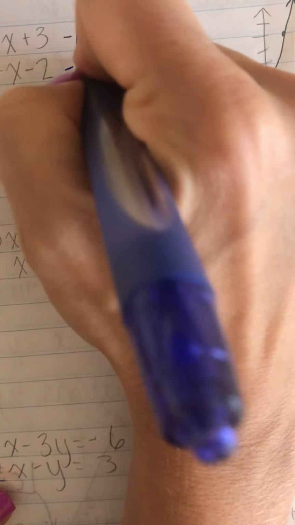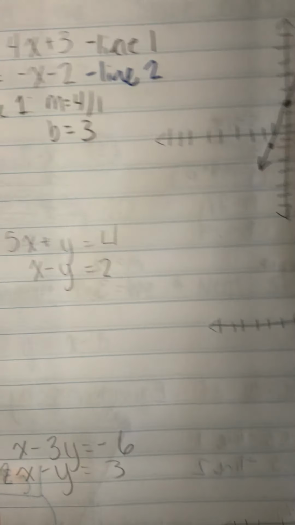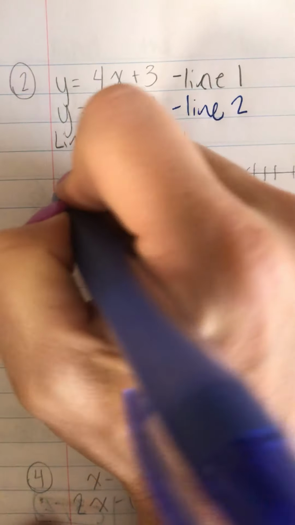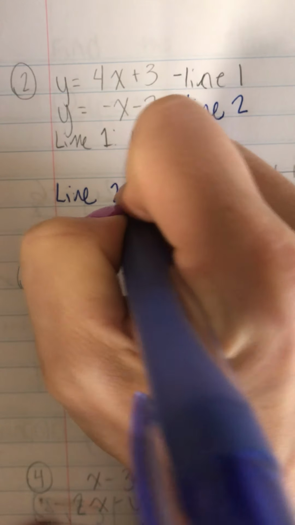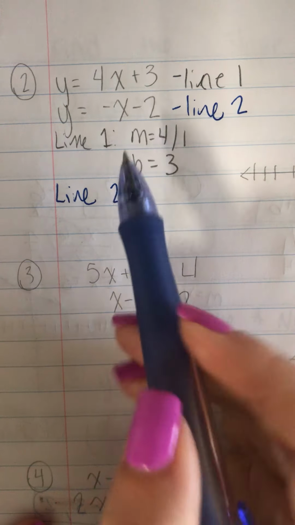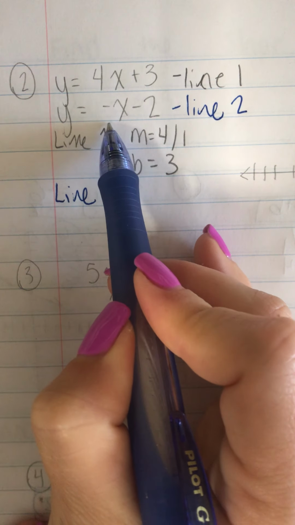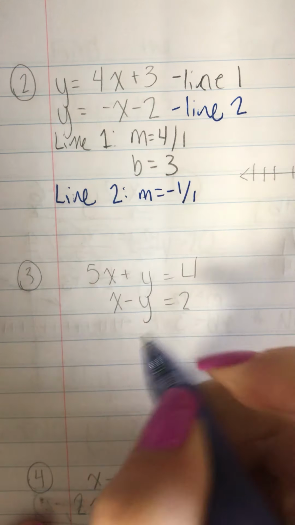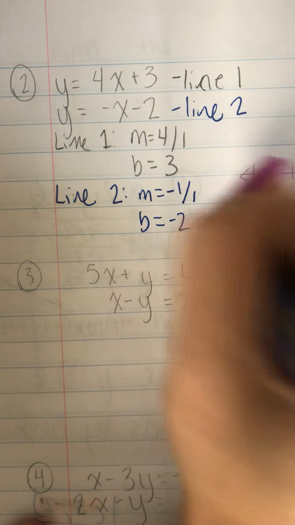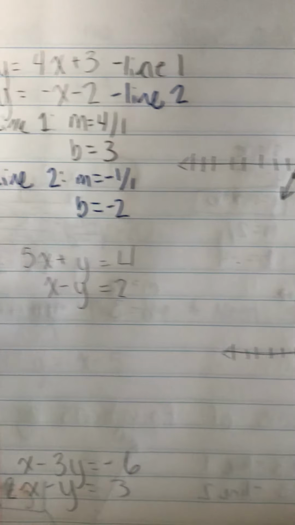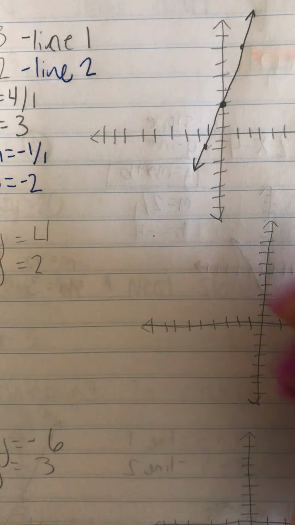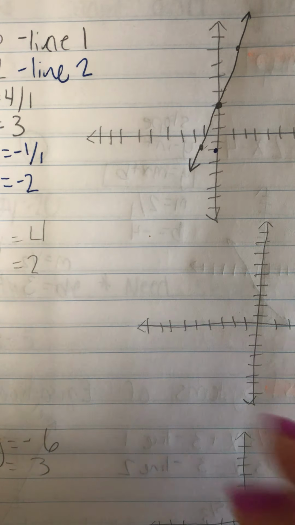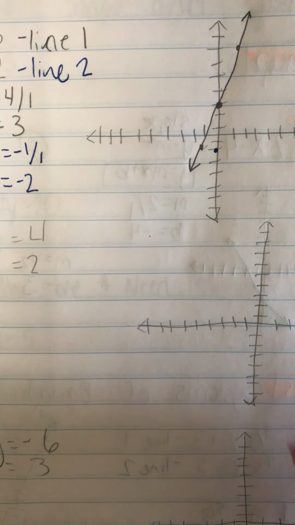Line 2, different color. At any point you need to pause this video, don't forget to do so. All right, what's my slope? What's this number in front of negative x? It's a negative 1 over 1. And what's my b? Negative 2. Let's go ahead and graph and let's see where they intersect. I start at negative 2. Now my slope is negative, so my line needs to be going downward.